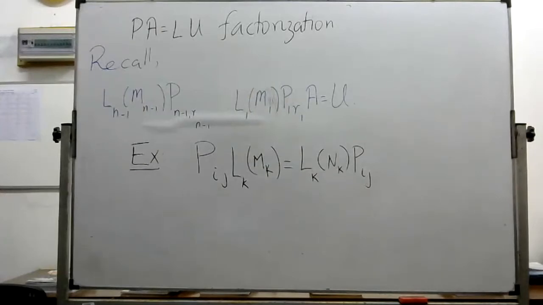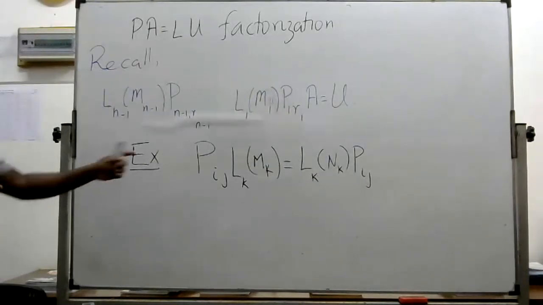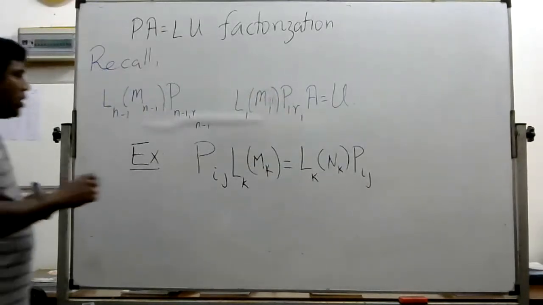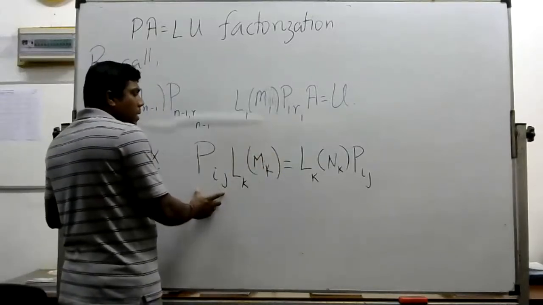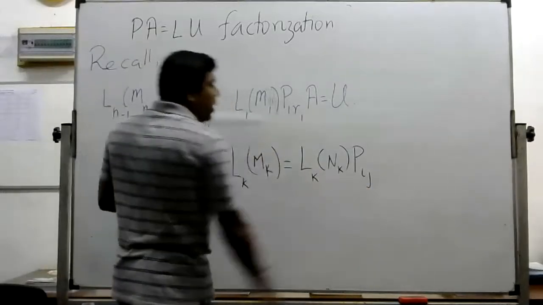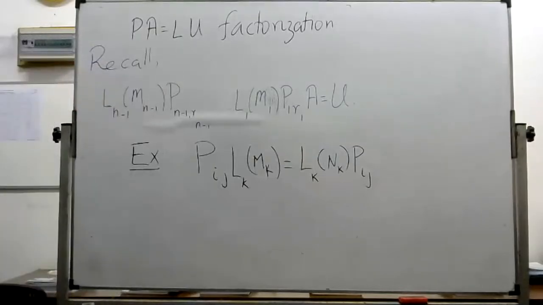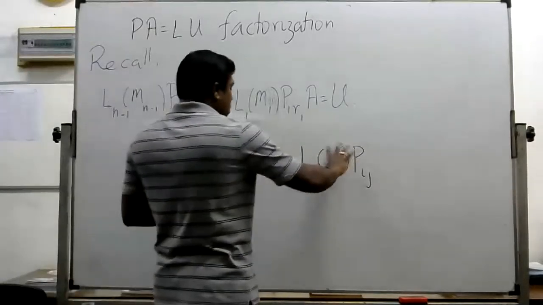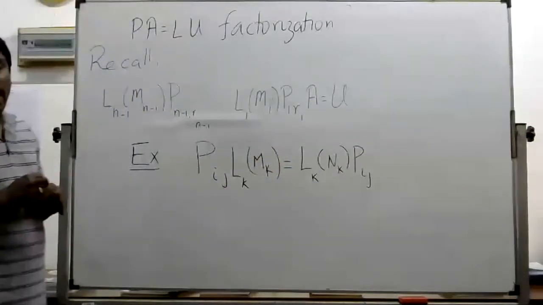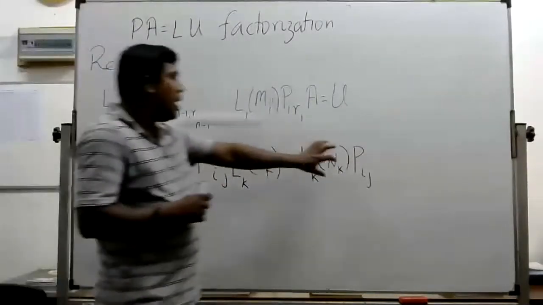Right? So I want you to check whether this one is true. So you notice that when you move the elementary permutation matrix to the other side of the elementary lower triangular matrix, you can see that this vector is changed. Here I have mk, but here I have nk.